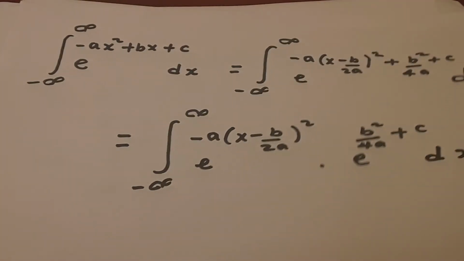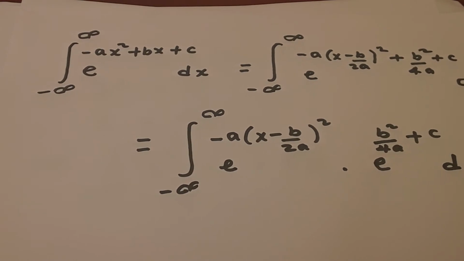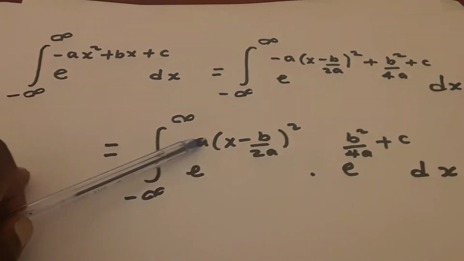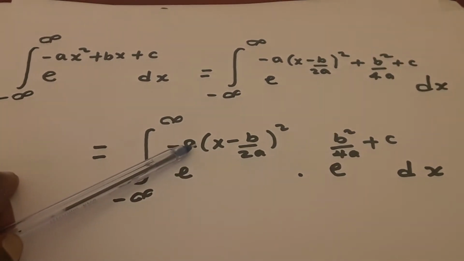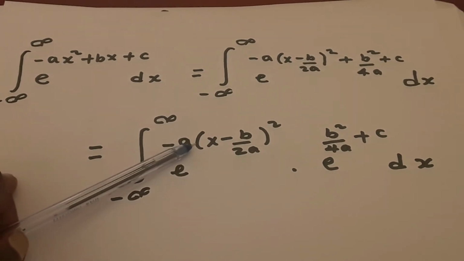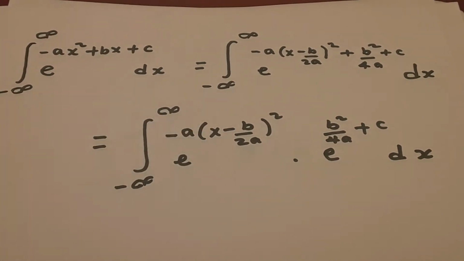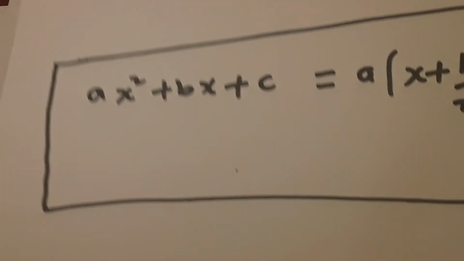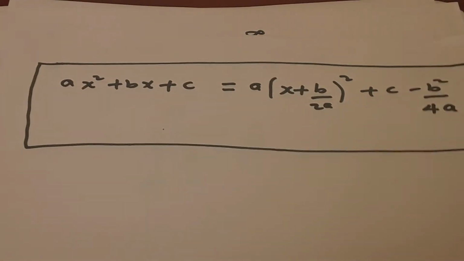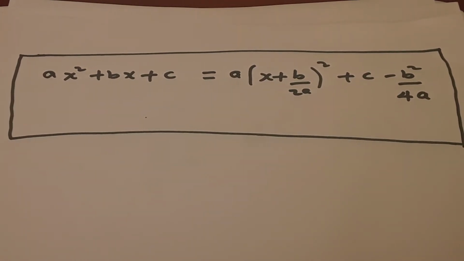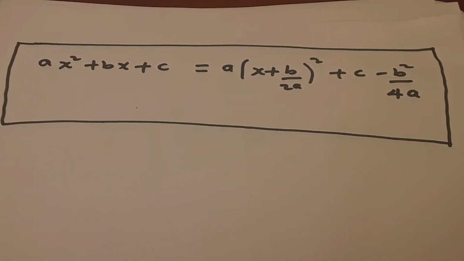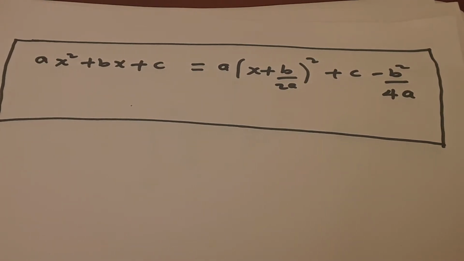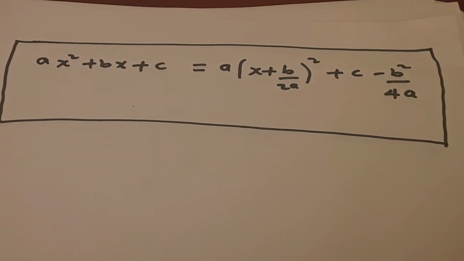That's why we need to calculate this form. Now, e to the minus x squared plus bx plus c is what we are to integrate. We first use the completing square method. We know that for any quadratic form, ax squared plus bx plus c, we have a times x plus b over 2a, squared, plus c minus b squared over 4a.